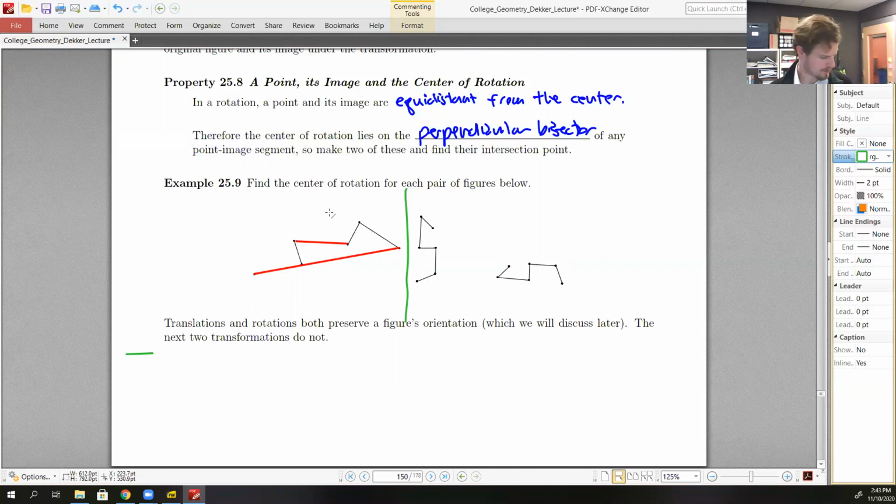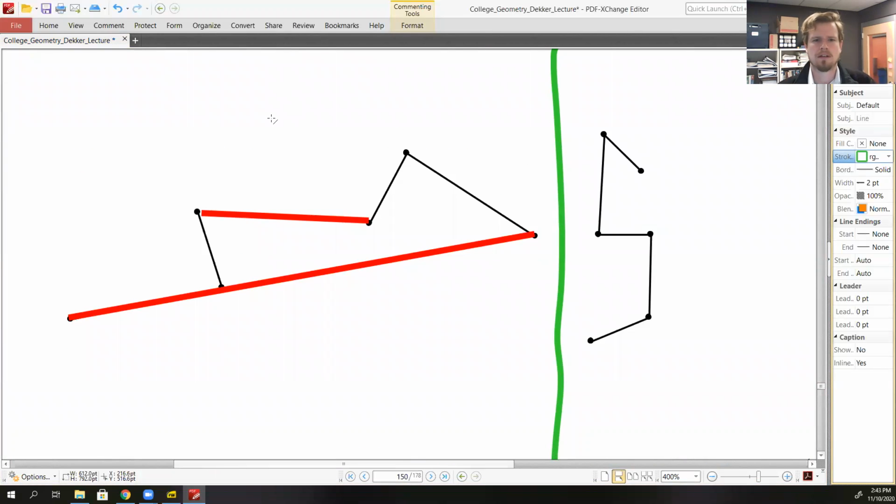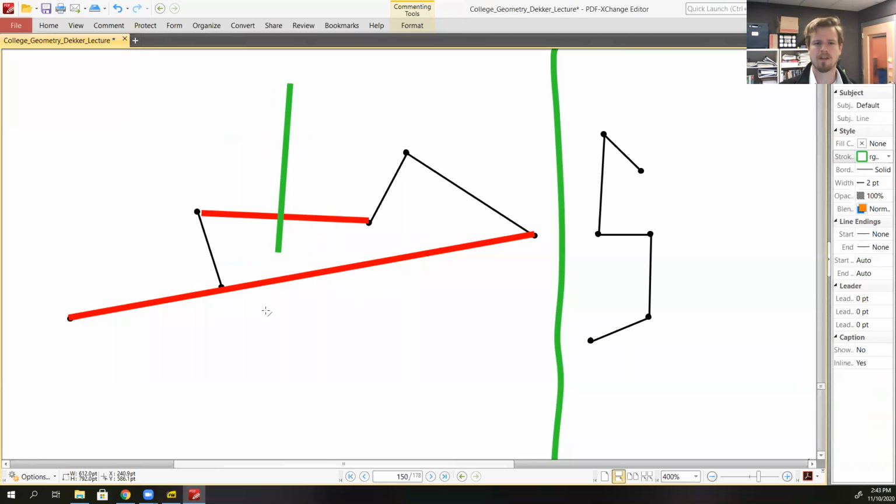If we use, let's see, I'm going to zoom in here. I'm going to go ahead and simply, to start, because of how convenient it is for me to move lines, this is certainly not the perpendicular bisector, but I do have a perpendicular line. And then I can go ahead and move it to where I believe the middle is. Excellent. I'll do the same thing for this line over here. That appears to be perpendicular.